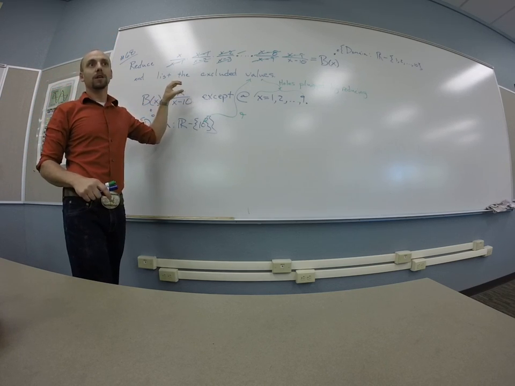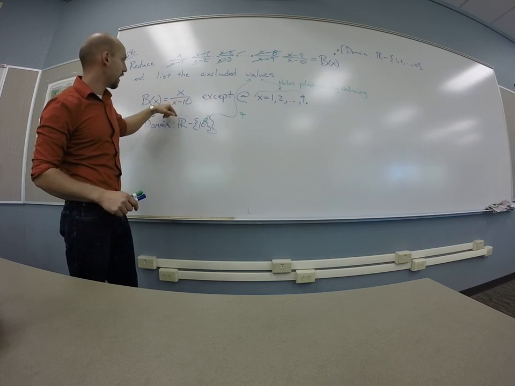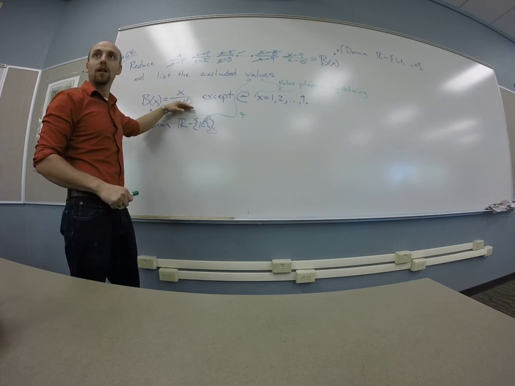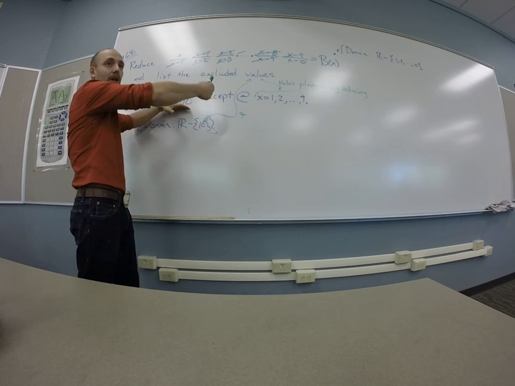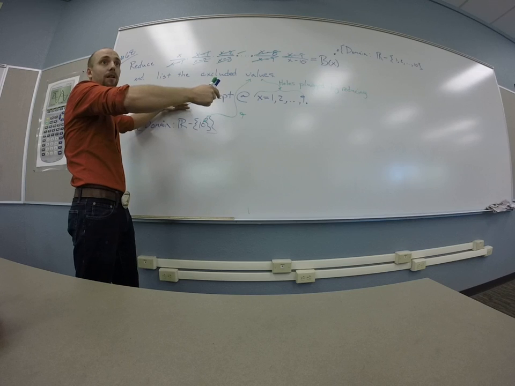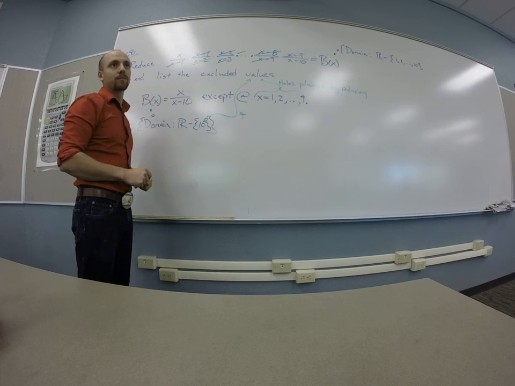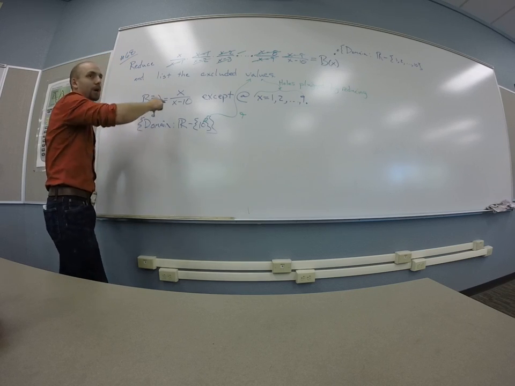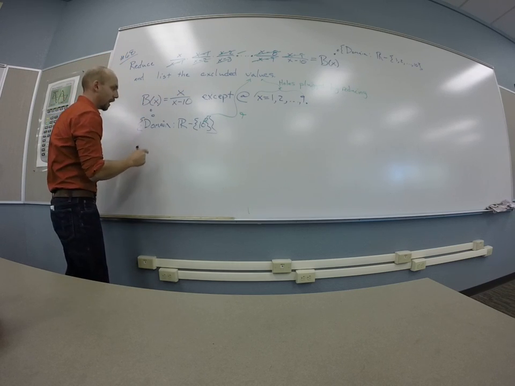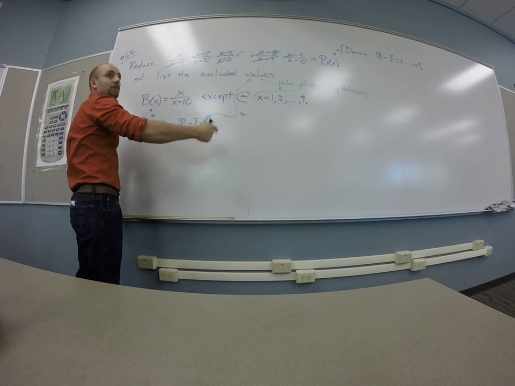It's got an asymptote at 10, but I want to go through and punch holes in the integers between 1 and 10. It's like adding posts to a fence, adding a middle post between. So here we're going through and taking those values out.